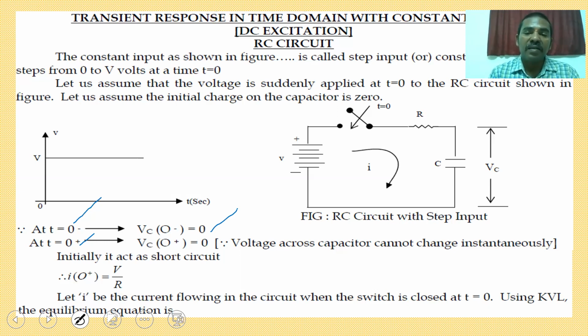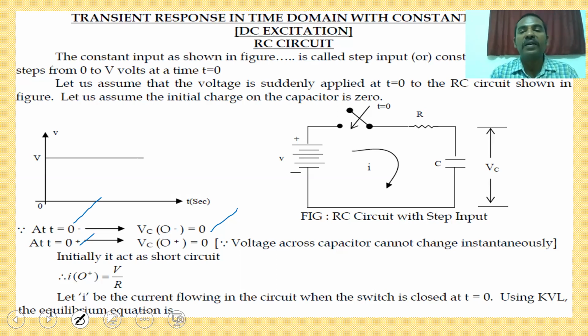Then the switch is closed at t is equal to 0 plus, just immediately after the switch is closed. Under that condition, the current will flow through the circuit. The supply voltage is connected across the RC circuit. The capacitor never takes instantaneous voltage. The capacitor acts like a short circuit.